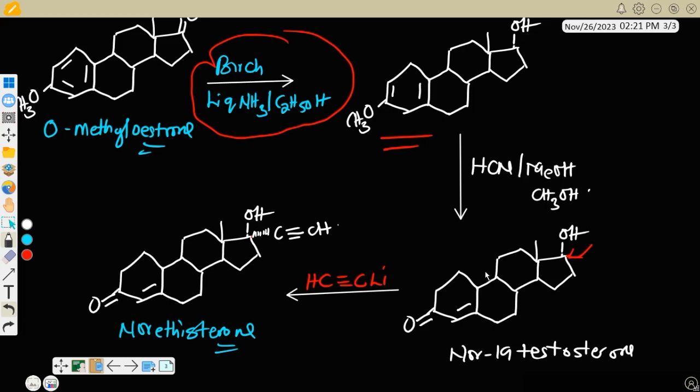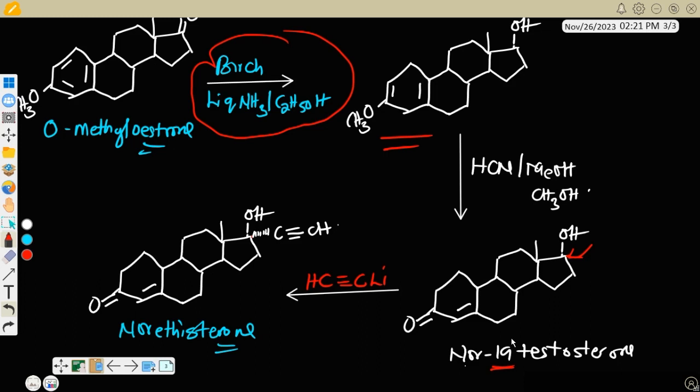Now, if androgen has 19 carbons, it means there's supposed to be a carbon atom here to complete it to 19. But you don't see that here. That is why they call it nor-19-testosterone. It tells you that at position number 19 there is no group, but it's actually the structure of testosterone. Once I add one carbon here, it becomes testosterone, but because it's not there, we call it 19-nortestosterone. Is that okay?